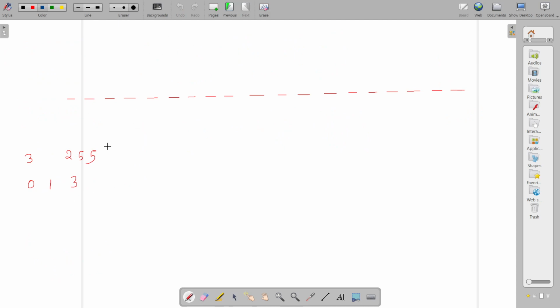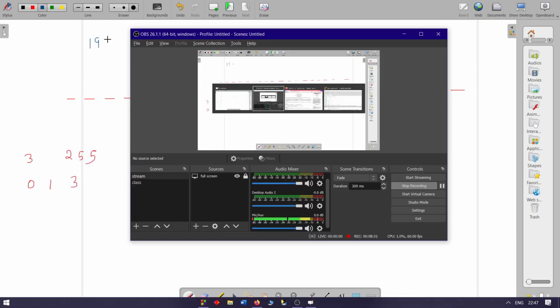So I'll take an example from the sample test case, and I'll show how you solve the problem using the algorithm which I tell you. Starting off, I will consider my answer to have at most 19 digits. I think 18 digits is also fine, but to be safe, I assume that in the worst case scenario, the answer can be of 19 digits. Why did I choose that?